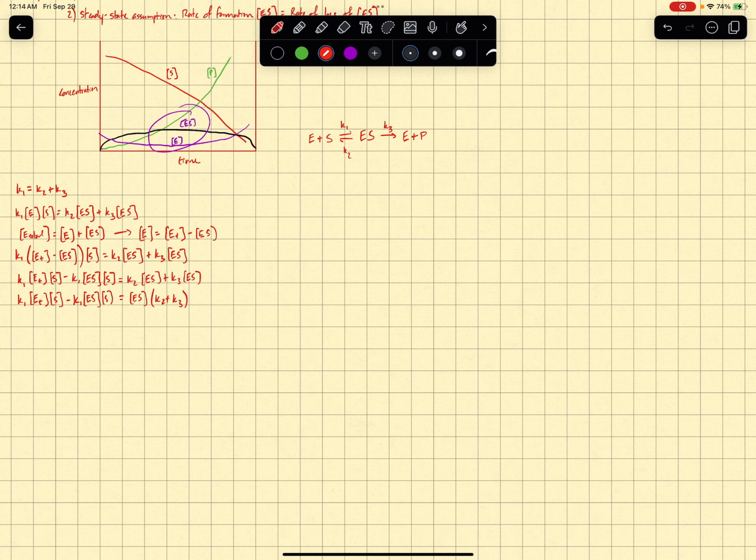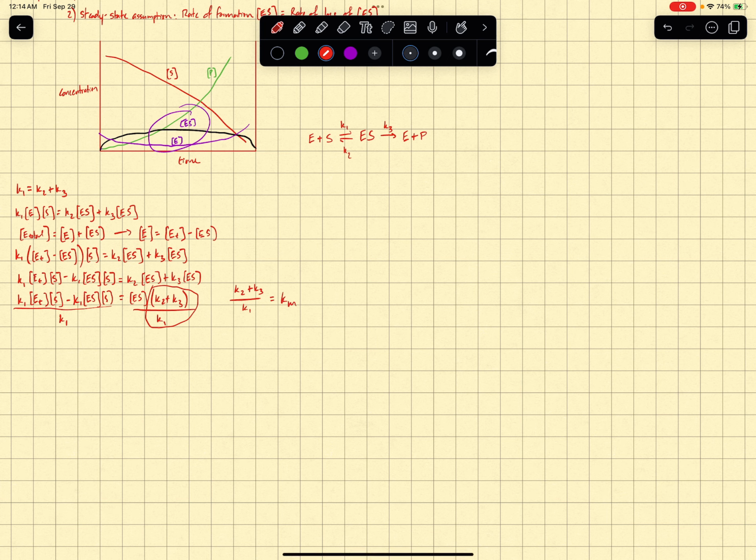And now we've got these two k1s, so we're going to divide each side of the equation by k1. What that gives us, and this is really important, is k2 plus k3 over k1, which is the definition of Km, that constant.